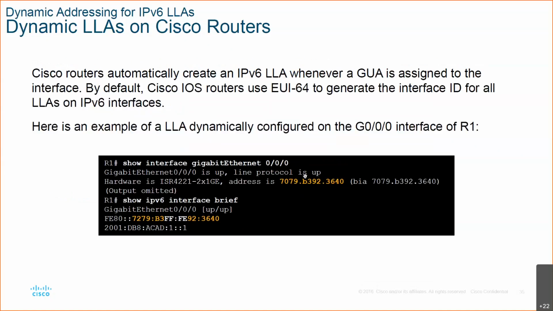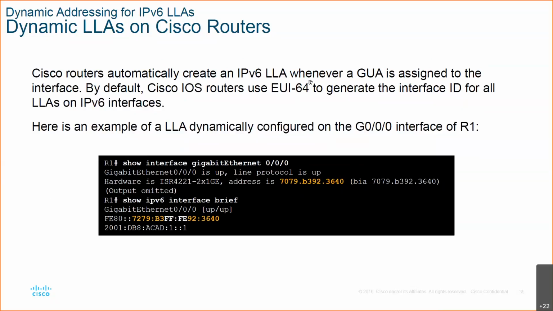Your Cisco routers also follow EUI64. We concentrate on Cisco routers because this is a Cisco unit. I mean, it's a Cisco course that we are studying, and the academy is under Cisco. So we concentrate on Cisco rather than other routers out there like Huawei and so on.